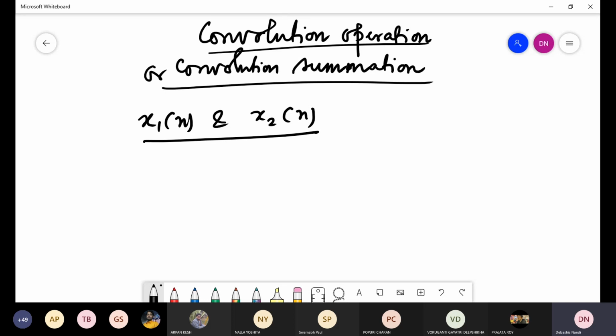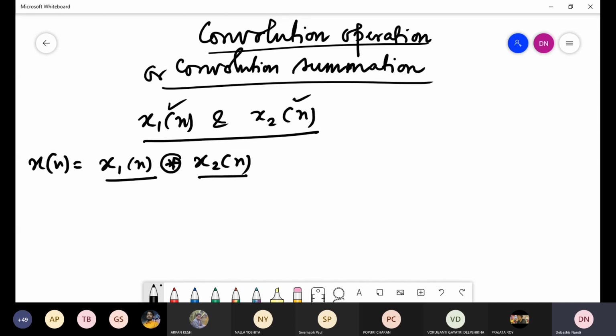Now, the convolution between these two discrete time signals, or these two discrete sequences, can be written as x1n convolved with x2n. Suppose this is your xn. So xn is the result of convolution of the two discrete time signals x1n and x2n.